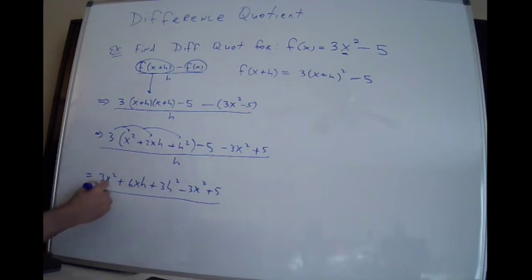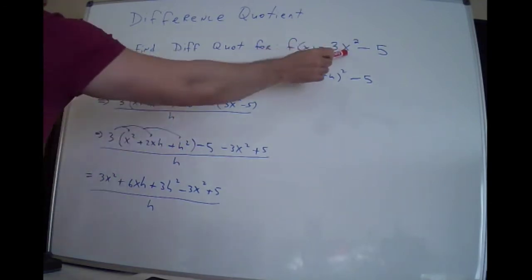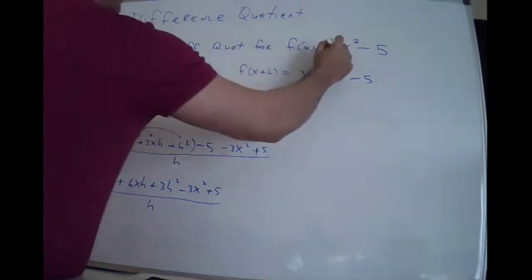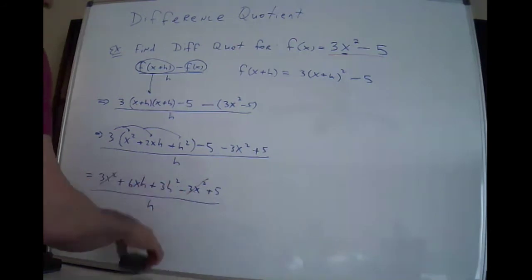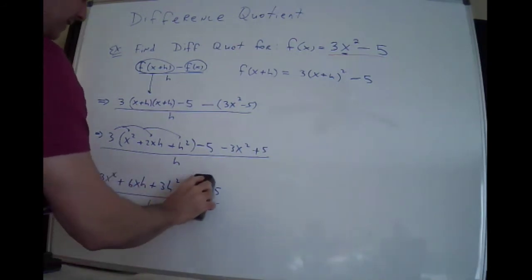Now this is the key step that I wrote in the notes that we went through very quickly. This will always cross out completely. So let's see. I have a 3x squared and a minus 3x squared. I have, oh, I forgot to write it. I was like, I have a minus 5 and a plus 5. Yeah, I have a minus 5. I forgot to write it.